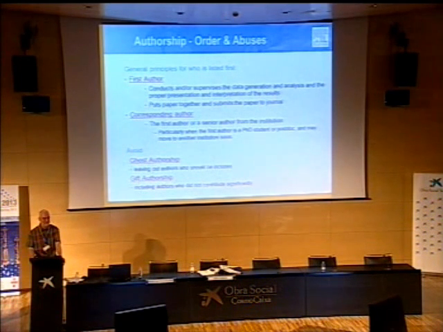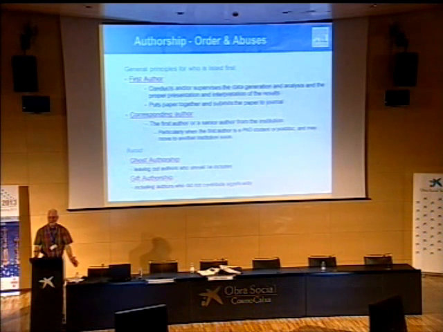In many sciences, and increasingly in psychology, being listed as the last author is actually considered to be as good, if not better, than being listed as the first author. So the first author may be the graduate student who had the idea and who wrote most of the paper, and the last author may be the research supervisor rather than the actual author themselves.